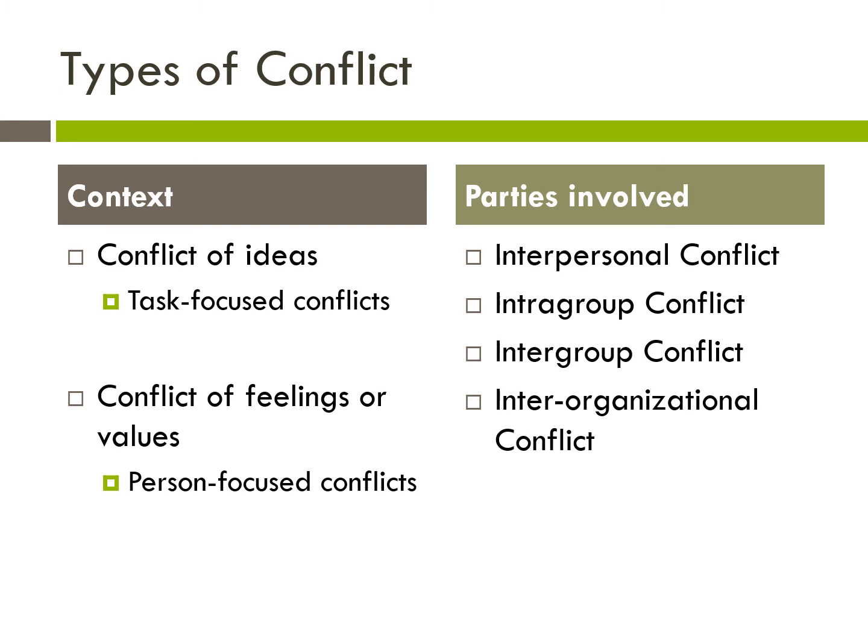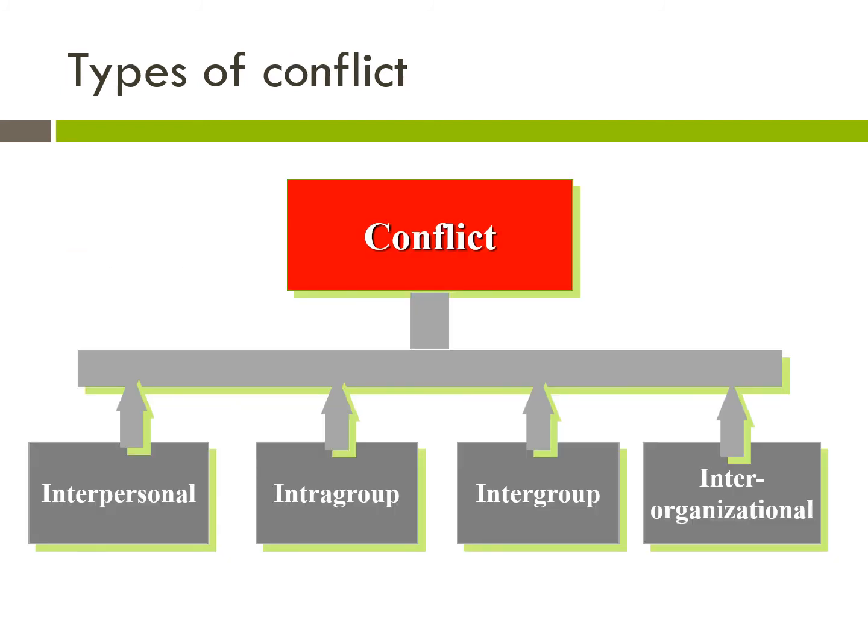So again, intragroup conflict is within the group, intergroup conflict is between groups. Finally, we have interorganizational conflict, and this is across different organizations. Again, we have four different main types of conflict: interpersonal, intragroup, intergroup, and interorganizational conflict.